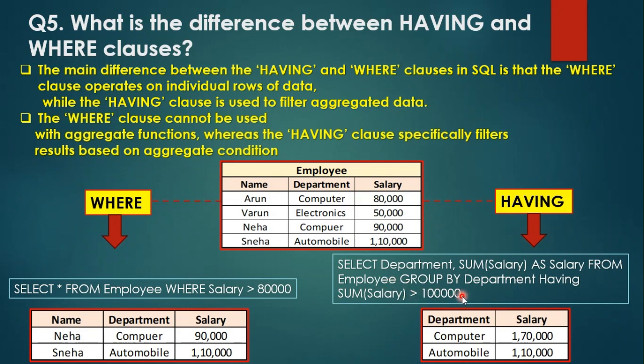If we check, the computer department sum will be 1,70,000 and automobile will be 1,10,000. The data is arranged based on department. Computer departments are grouped together and the total salary is calculated, so the salary is 1,70,000. This is the difference between group by and having.